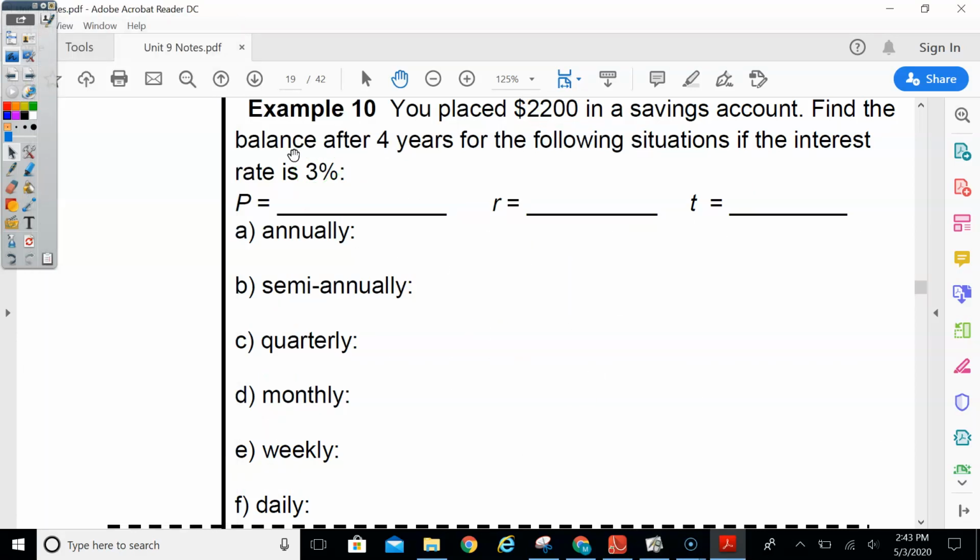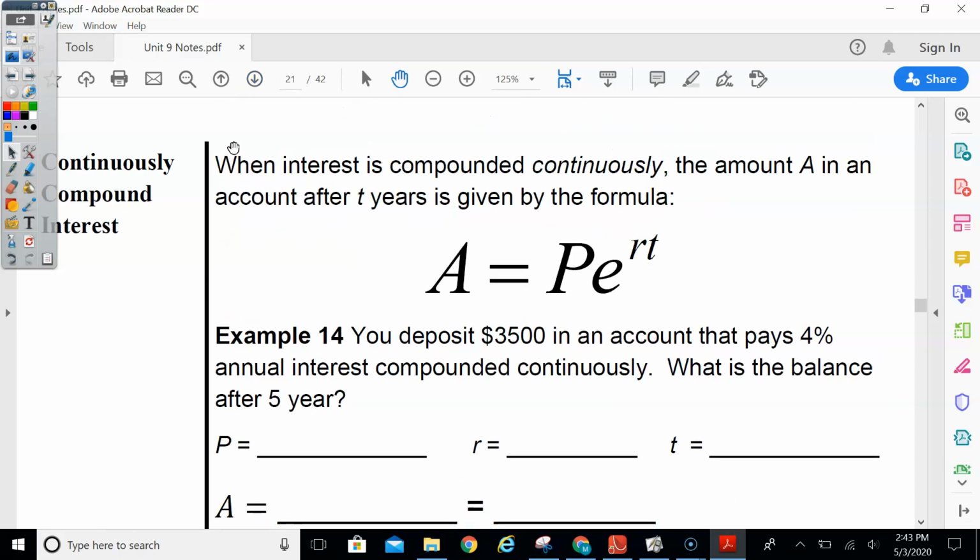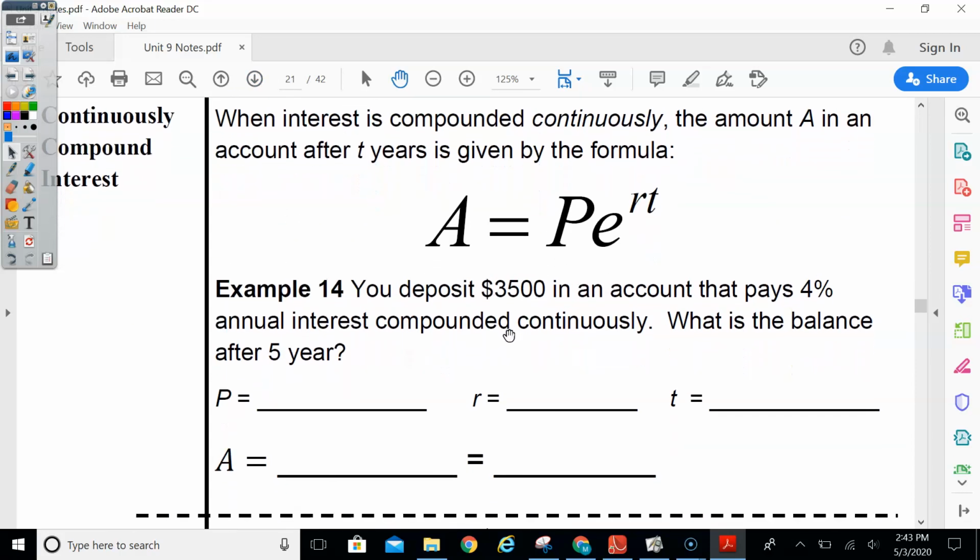But if, let's say, you compound it every minute of the day, or every second of the day. How many minutes are there in a year? How many seconds are there in a year? If you look at the formula, it's P times 1 plus R divided by N to the NT power.